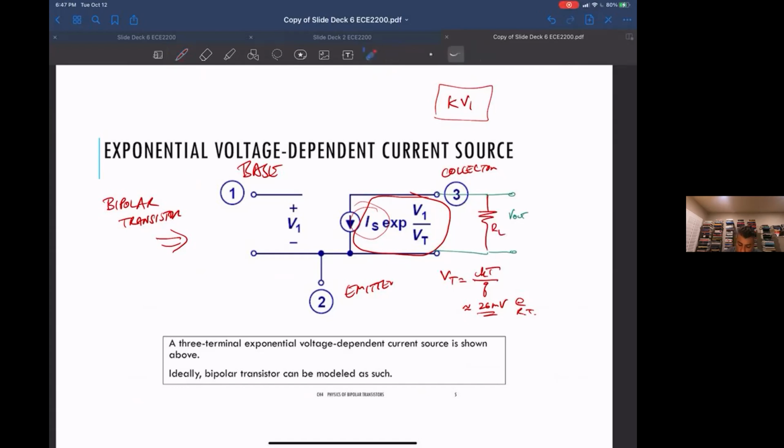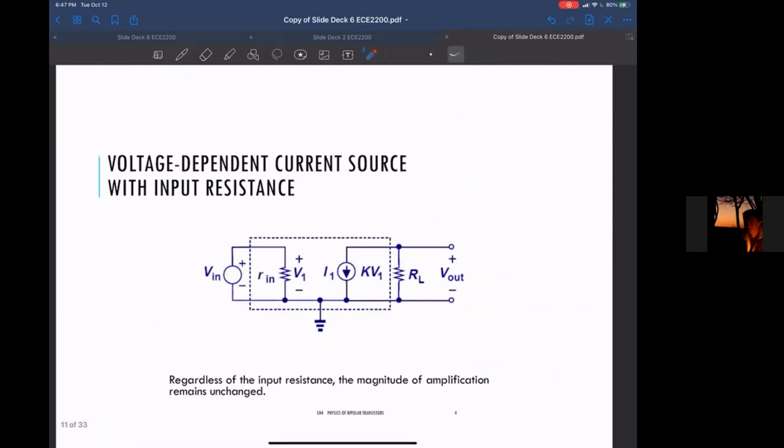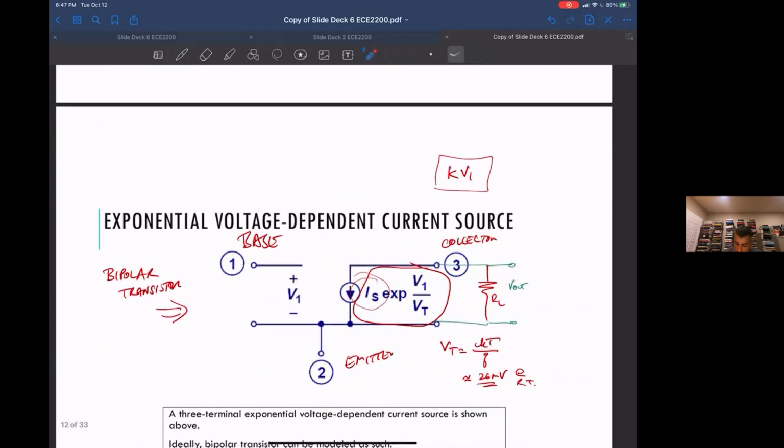So you multiply that current by this resistor to get an output voltage. So that's all I was saying. For example, you basically want a situation like this where V out is R sub L times this KV1. So you have to put a resistor here as well.